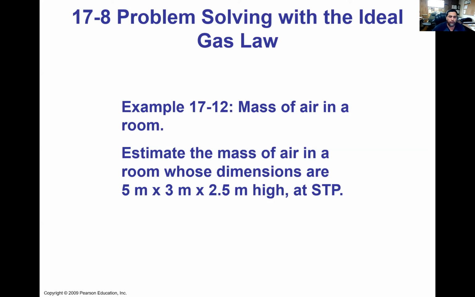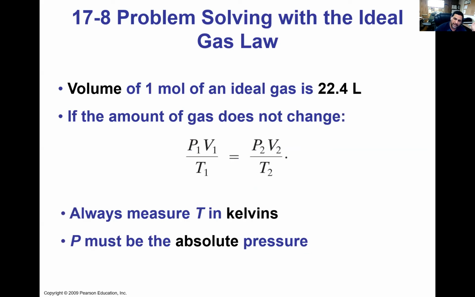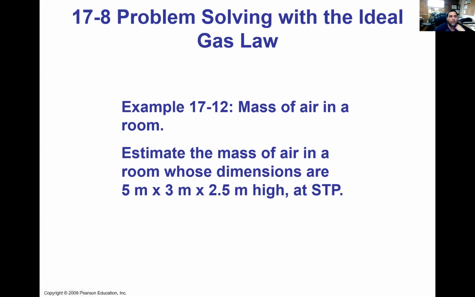And we know from the previous calculation that 1 mole has a volume of 22.4 liters, which is 22.4 times 10 to the minus third meters cubed. So we're going to recycle that with this example also. So I'm going to clear this. All right. We want to determine the volume.